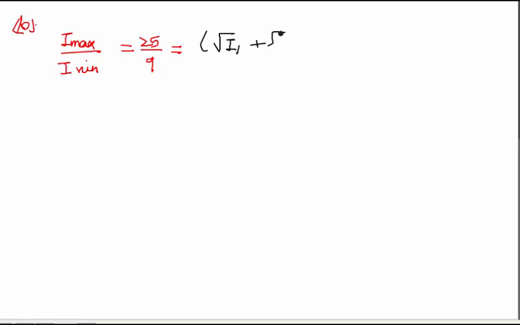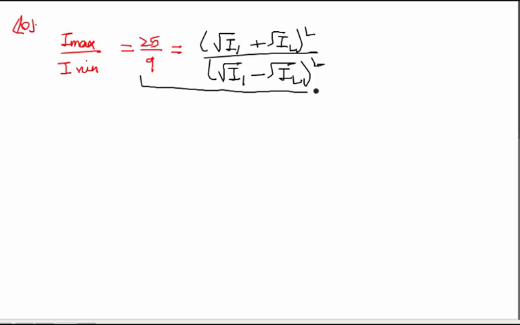So what is given in the question? In the question it is given, this is the B part, that I max by I min is 25 upon 9. Now whenever there is a constructive interference, if the intensities of the two slits are I1 and I2, the I maximum would be under root of I1 plus under root of I2 whole square, and the I minimum would be under root of I1 minus under root of I2 the whole square.